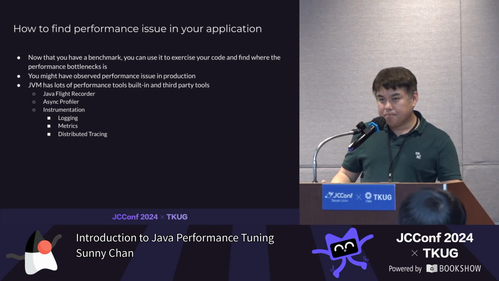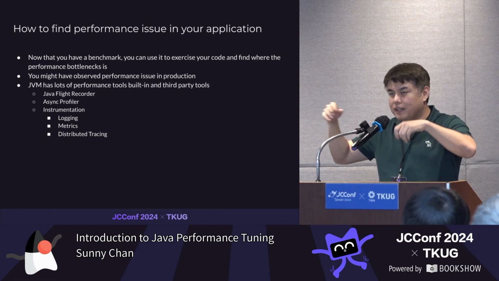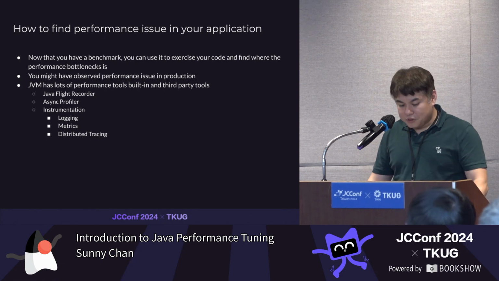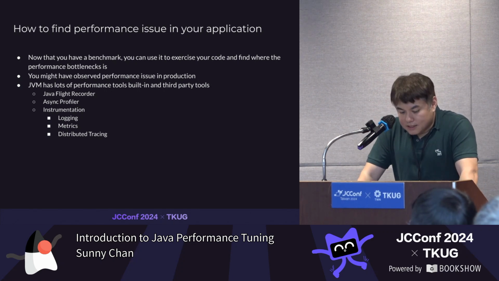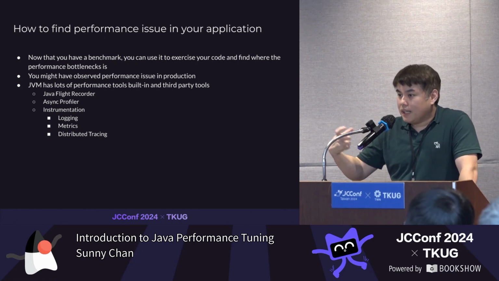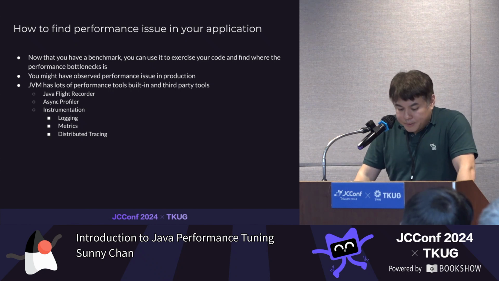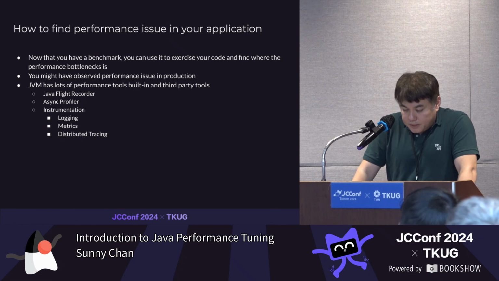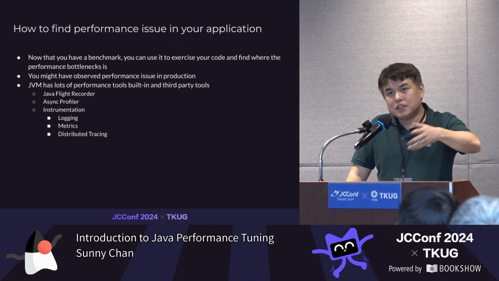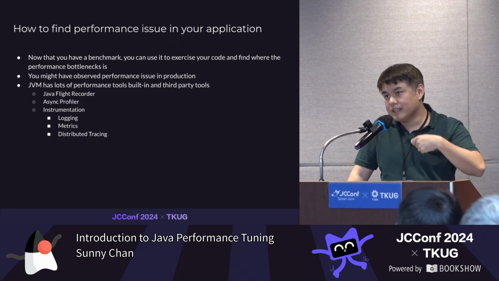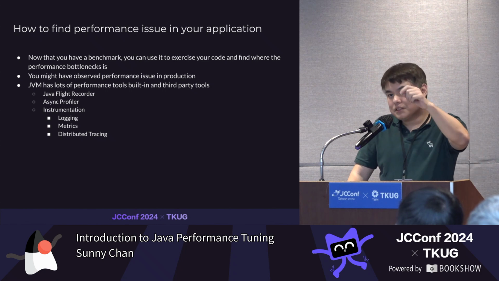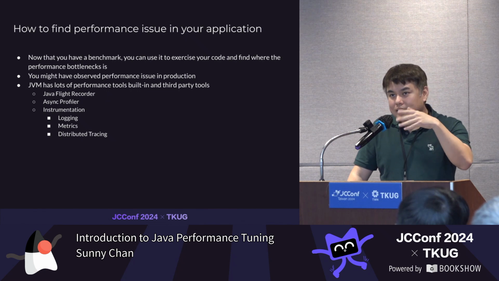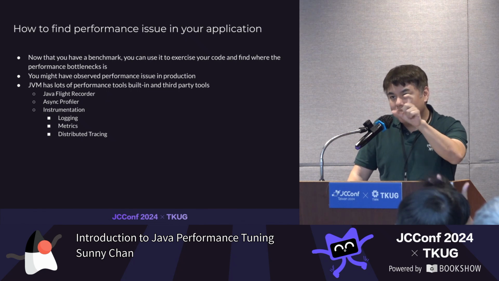So now you have a benchmark. You have a tool to actually exercise your code. How do you actually work out the performance issue? The next thing is you need to make sure your application is observable, being able to measure the performance. So let's say you've got a benchmark, you throw 100,000 requests to your system, and you see that certain parts are very slow. It's taking a long time. So where do you find that slow part of your system?